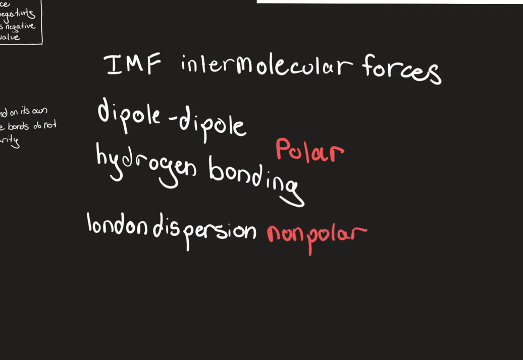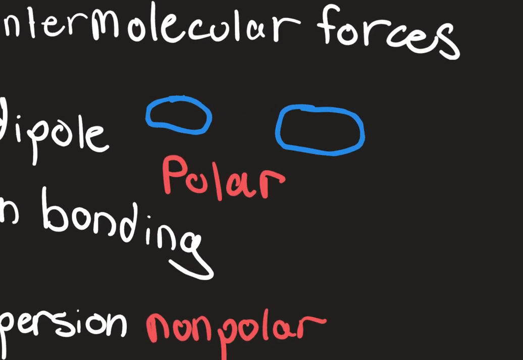Dipole-dipole occurs when we have partial positives and partial negatives on a molecule. So these are going to be my little molecules. Because we have polarity, the electrons are going to be attracted more to one side of the molecule. So for example, we'll have a partial positive and a partial negative, and same thing on a different molecule.